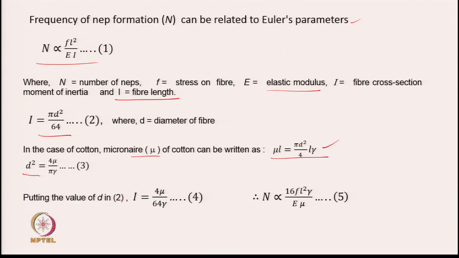So, putting the value of d in equation 2, we get I to be like this, and when I put I in equation 1, we get n in terms of fiber parameters, that is n is proportional to F, the stress level on fiber, L, fiber length, gamma, which is density of fiber, E, as stated the elastic modulus, and mu, the micronaire value of cotton in the case of cotton.